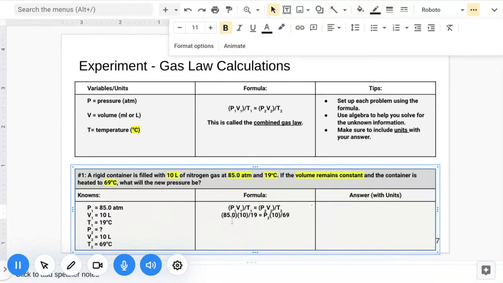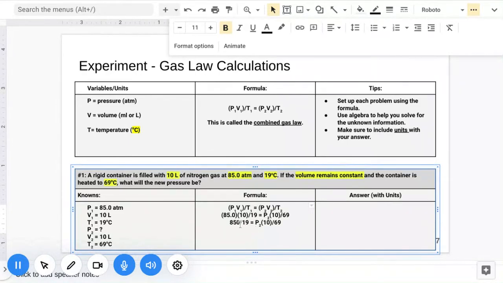Okay. So we have an equation that we can solve using PEMDAS. We're going to do our multiplication first. So we're going to multiply the two numbers that are at the top, and we're going to get 850 divided by 19 equals P2 times 10 divided by 69.